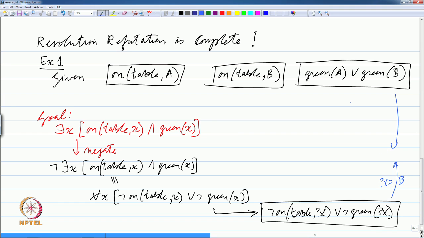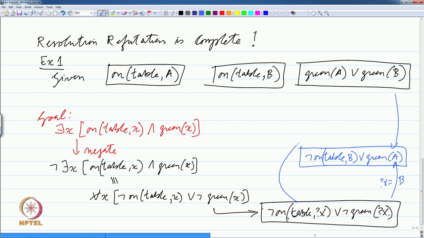So, when we resolve these two clauses, we will get not on table b or green a. Just let me know if I am making any error.